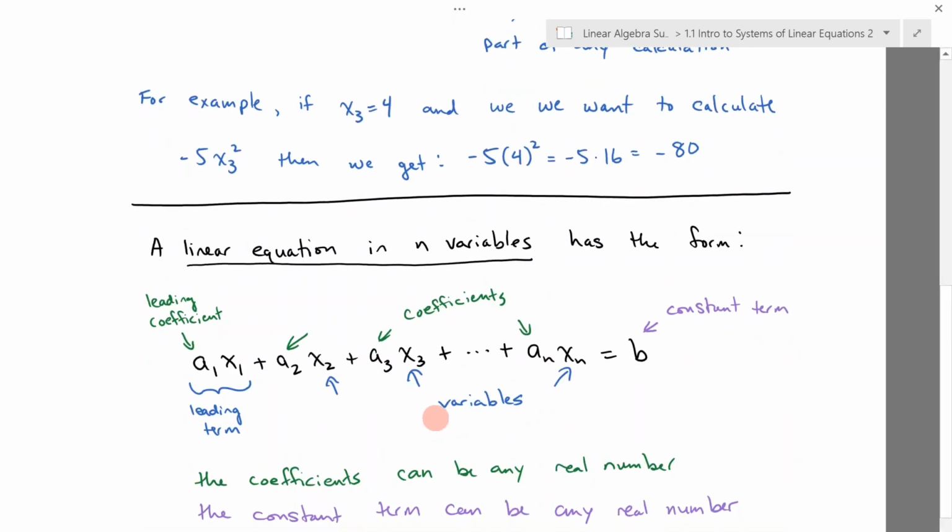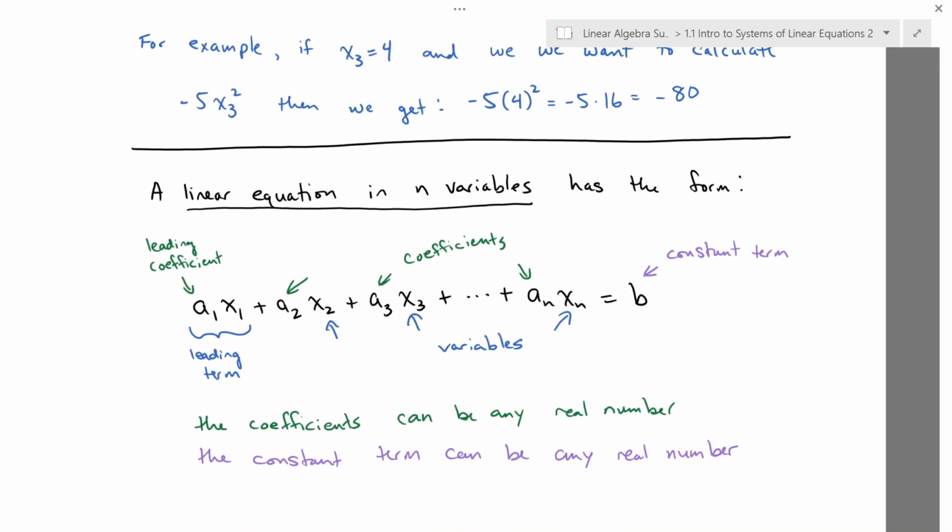Okay, so the next terminology we're going to discuss is what a linear equation in n variables looks like. So the general form of a linear equation looks like this. Again, I'm using the indexing notation because I don't know how many variables there are.